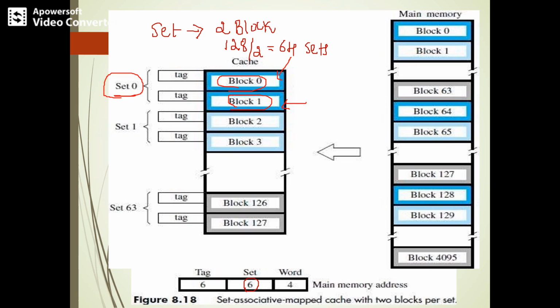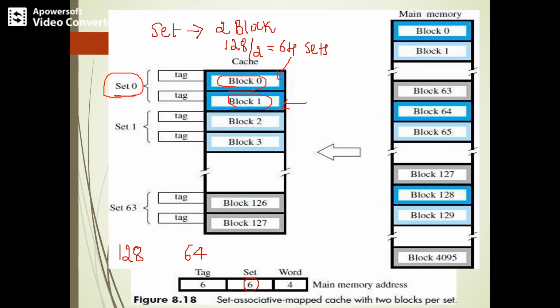Compared with associative mapping, where we have to consider a maximum of 128 searches, in set associative mapping we need to consider only 64 searches. Therefore the search time is reduced, thus reducing the design cost.